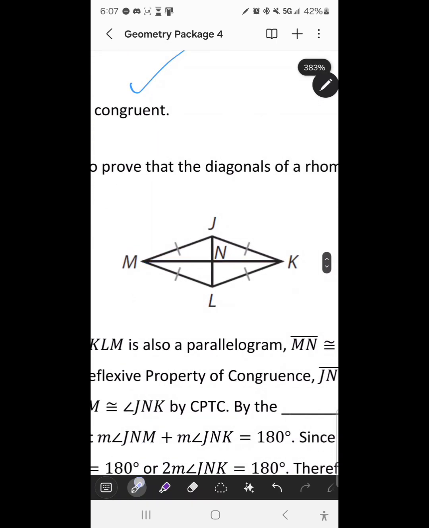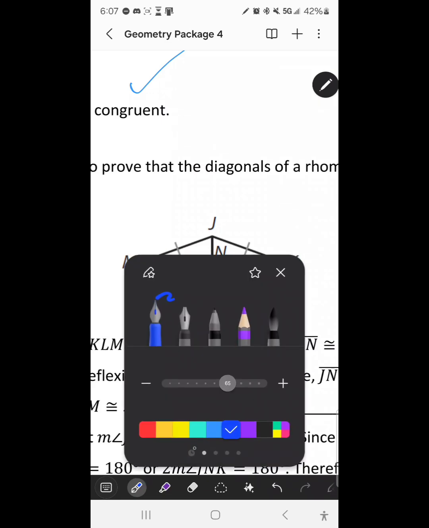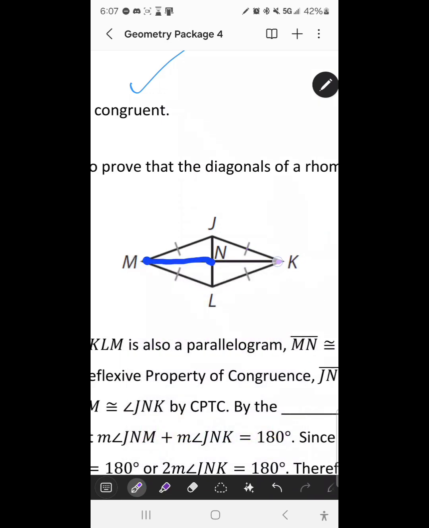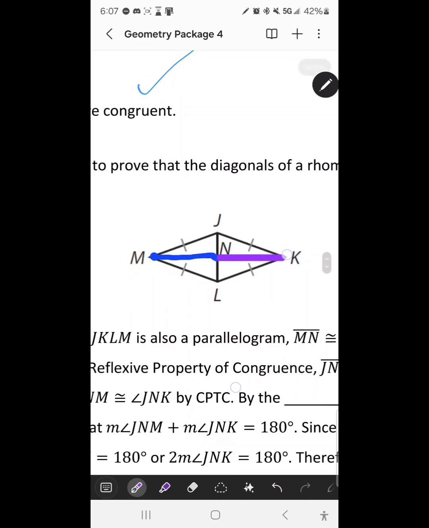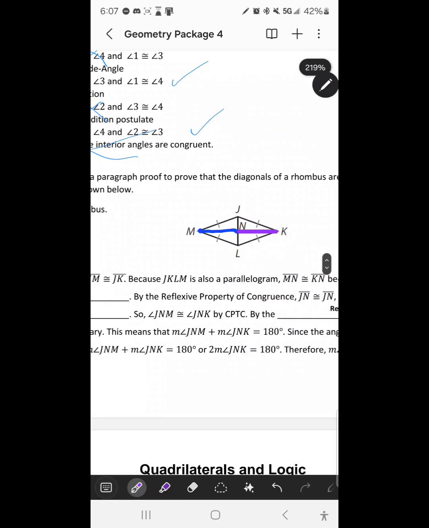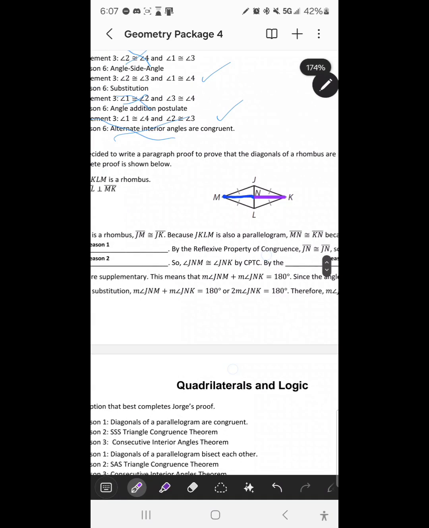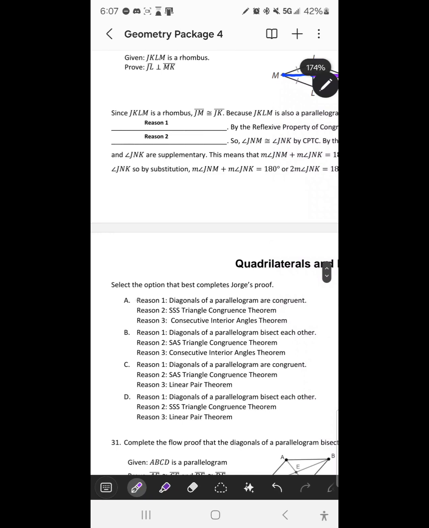We're talking about MN and KN, so we're seeing that they are half of that diagonal. We're not talking about two different diagonals, so we don't care about this one and this one. We're talking about the diagonals bisecting each other.